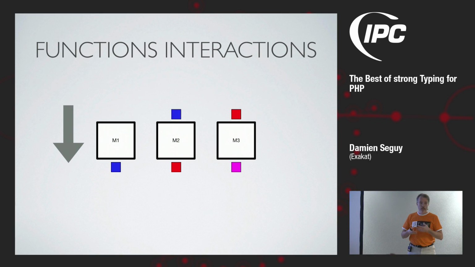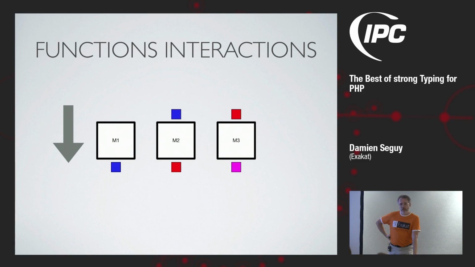The first one is called without arguments, or very scalar arguments, so we can just randomly create them and ship that to the function. It will give us a blue class. And then the blue class can be reused, or we can create several of them, and then push them into M2 to get another type of class, which is now the red class. And then the red class can be again fed into M3 and then get a pink class.